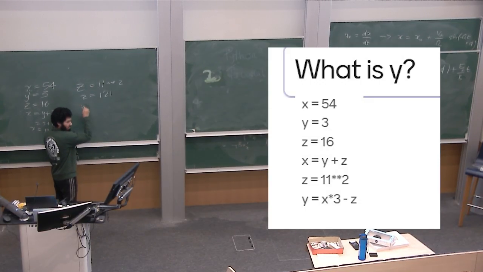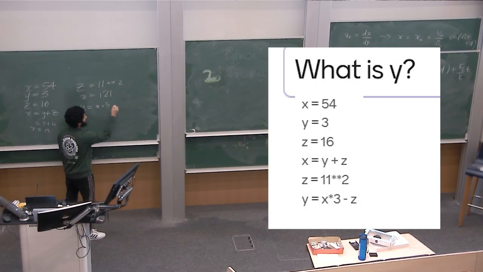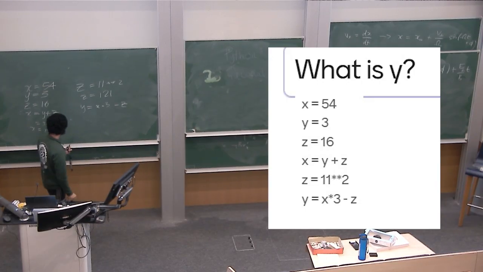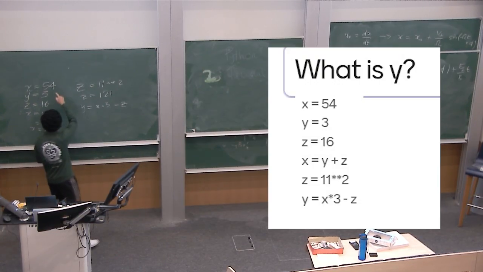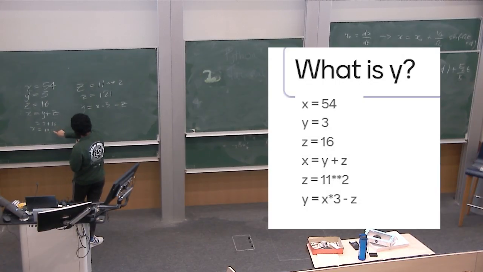Then we finally have y equals x times 3 minus z. Okay, x right now is at 54. No, what's x equal to? 19. Okay, because this value got overwritten by that one.